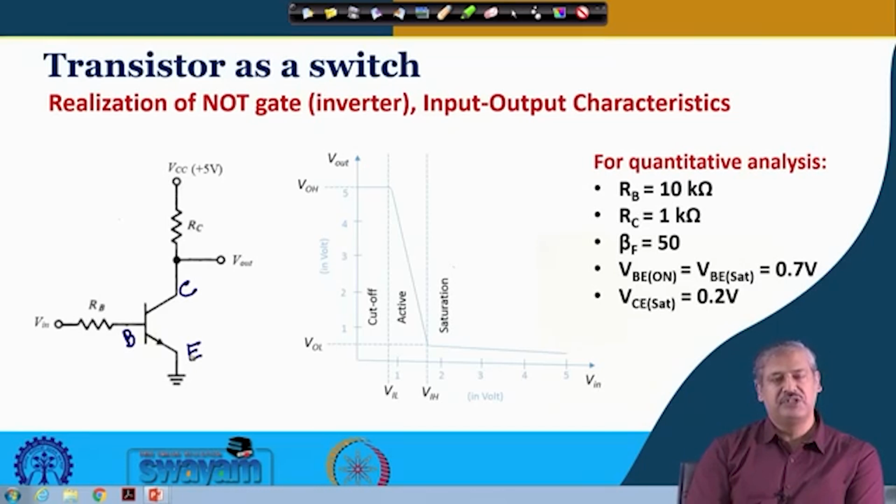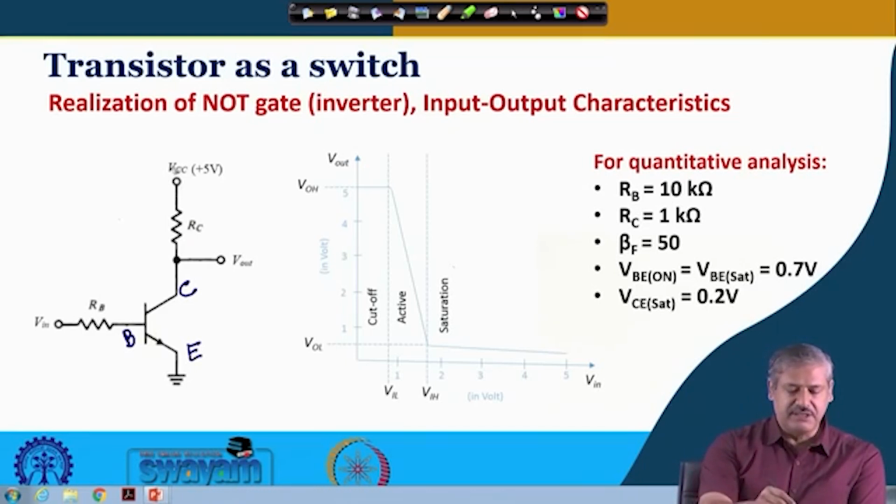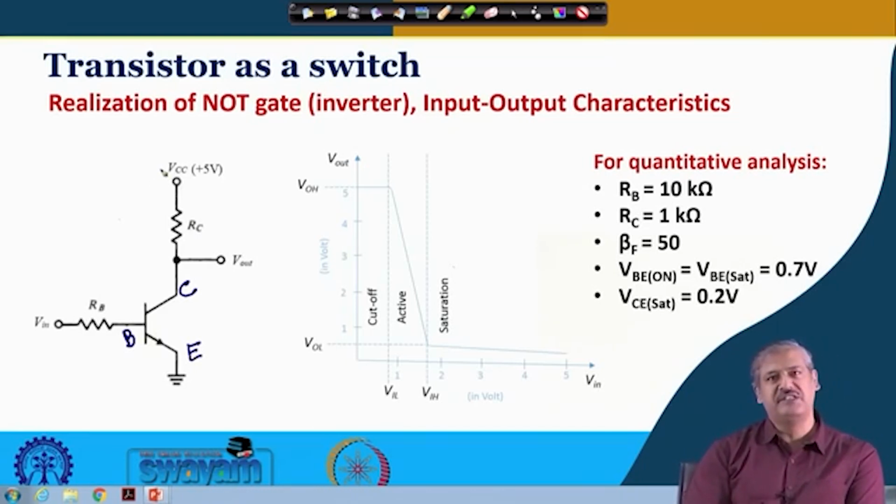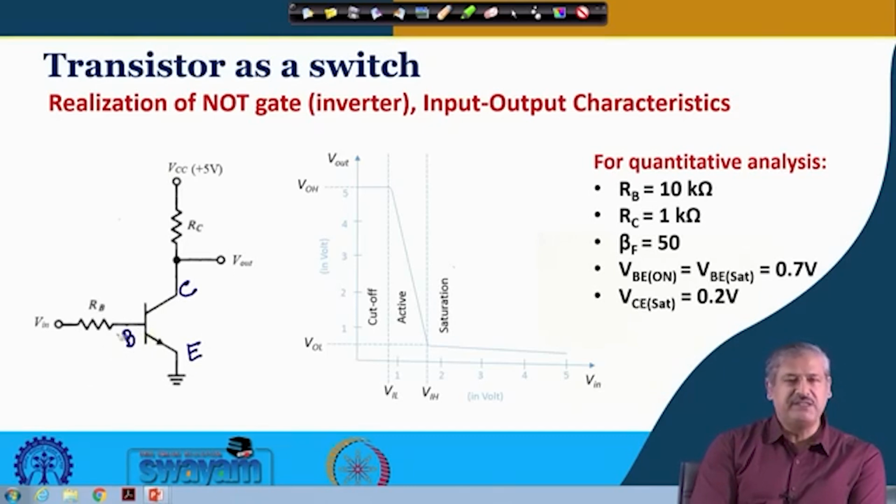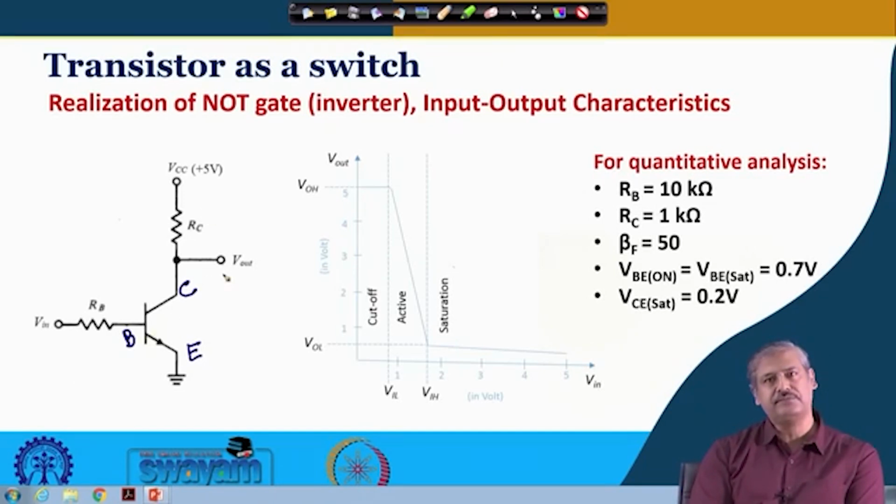The collector is connected through RC to the power supply VCC, a positive supply, which we consider 5 volt here, and the base is connected to the input voltage V in through a base resistance RB. This is collector resistance RC, and the output is taken from collector C. This is the basic configuration which we shall examine.